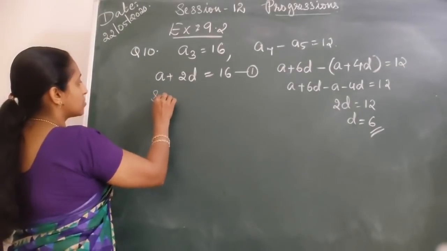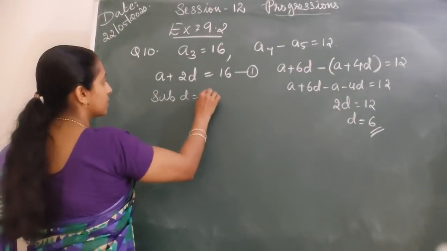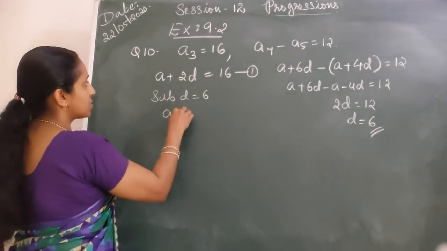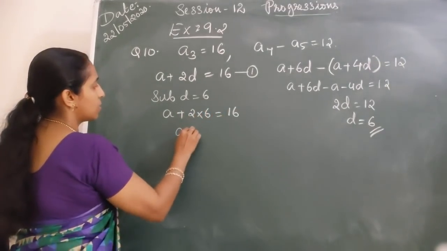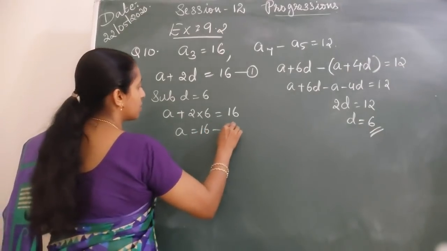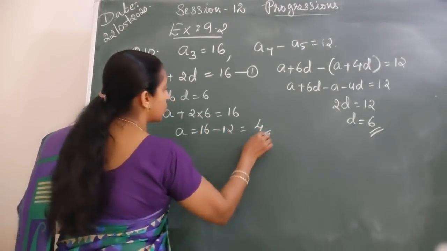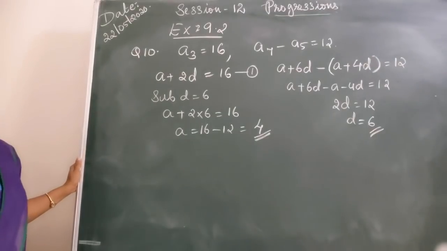Substituting D equal to 6, what will you get? A plus 2 into 6 equal to 16. A equal to 16 minus 12. So you are getting A equal to 4, D equal to 6.